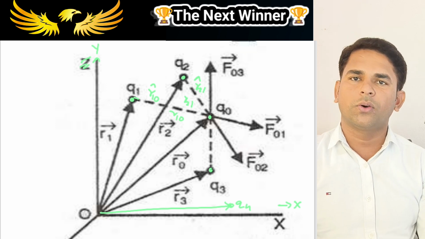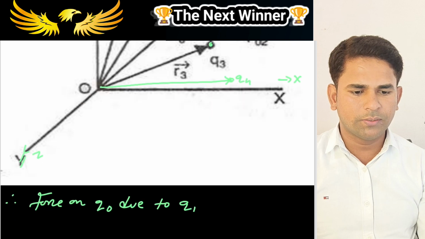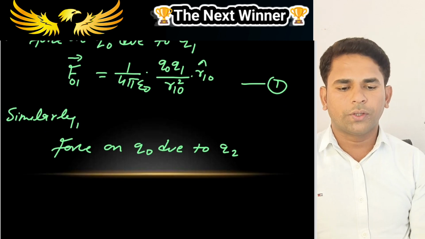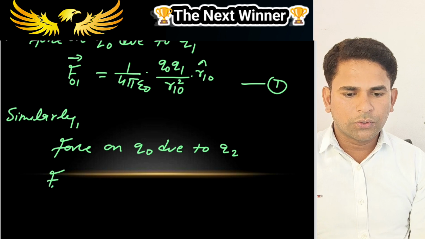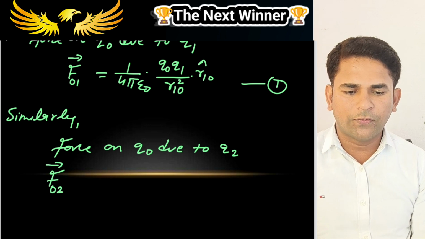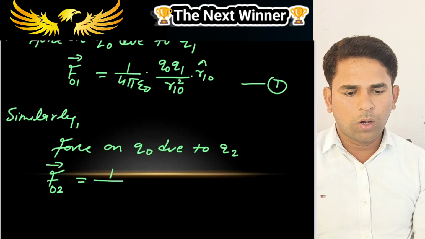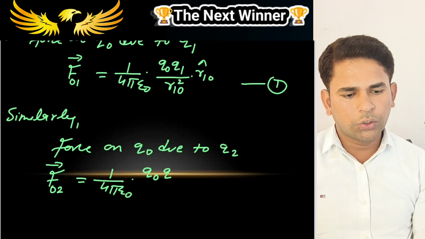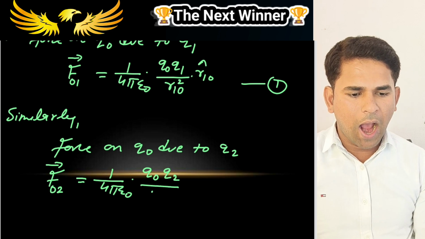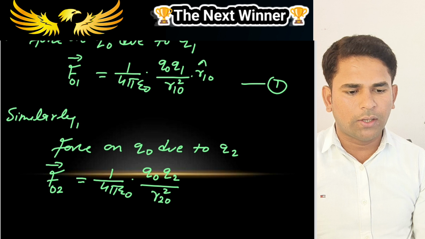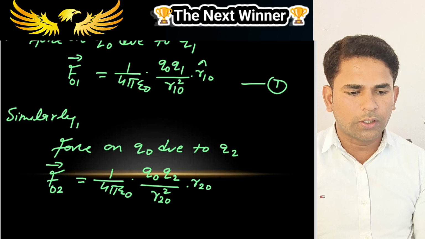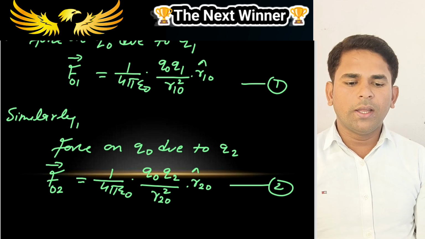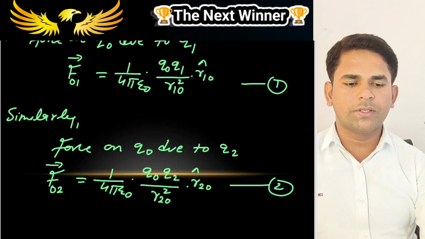So the force on q0 due to q2, vector F02, equals 1 upon 4 pi epsilon naught into q0 q2 divided by r20 squared into r20 cap. This is equation second.